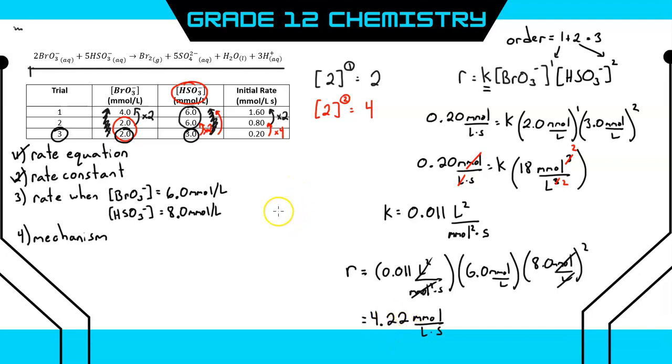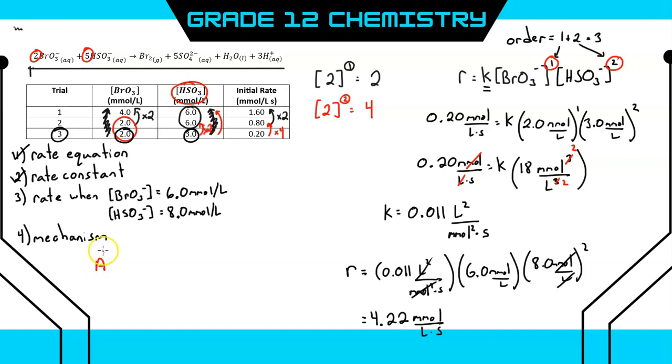All right, next we need to come up with some sort of proposed mechanism. Because you'll notice the rate equation with these exponents do not match these coefficients. So we need to come up with some mechanism.